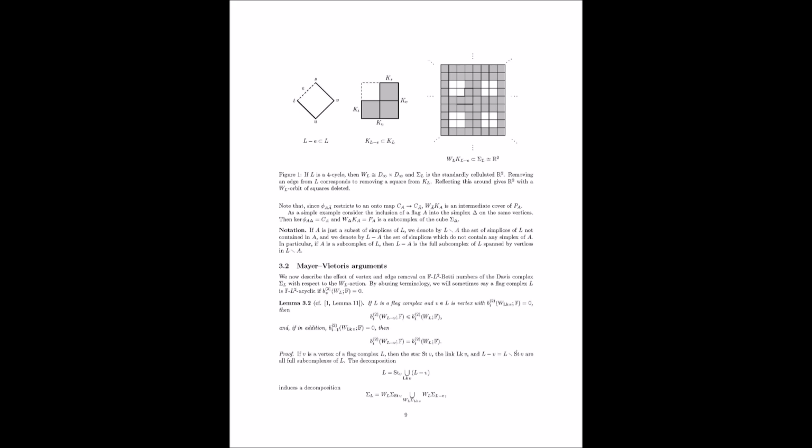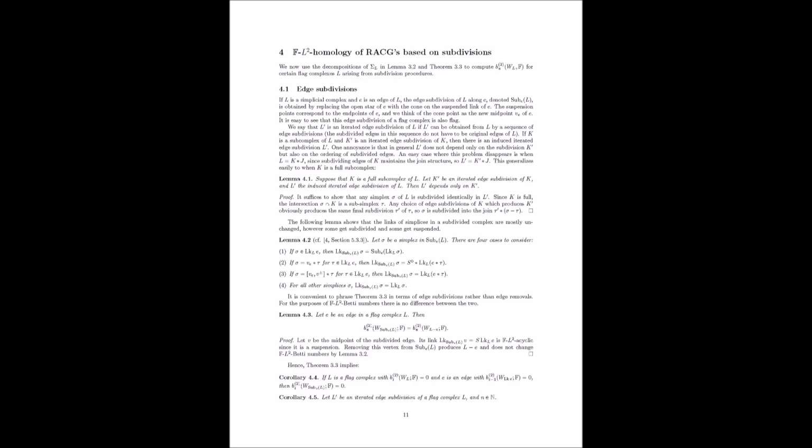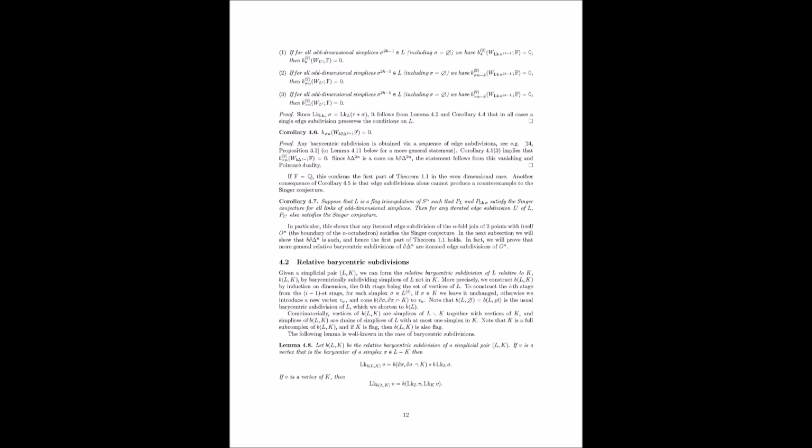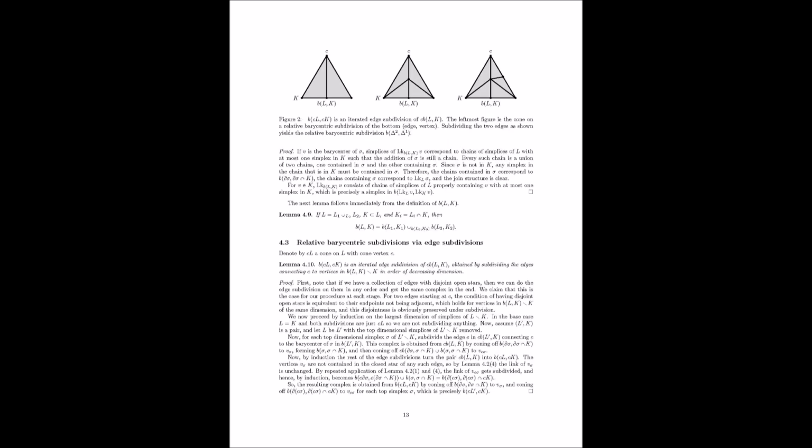Exactly. And this bridge leads them to Lemma 4.12, which establishes a hierarchical relationship between different relative barycentric subdivisions. It tells us that if we have a chain of nested flag subcomplexes, the relative barycentric subdivision with respect to the smallest subcomplex can be obtained through a sequence of edge subdivisions, starting from the relative barycentric subdivision with respect to the larger subcomplex.